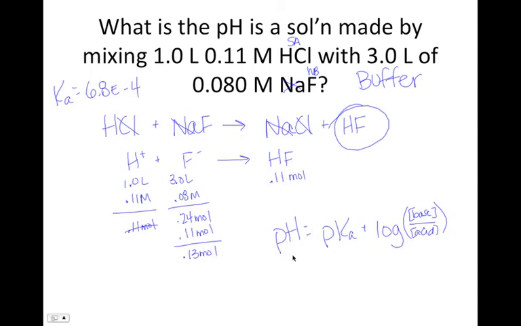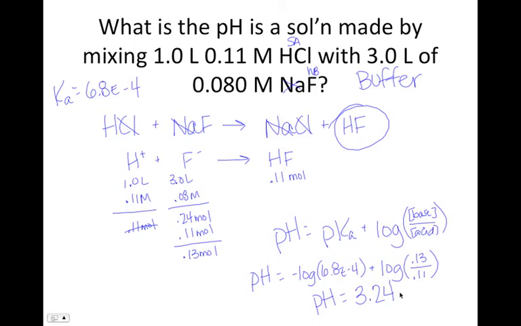So plugging this in over here, pH is what we're solving for. pH is going to be equal to the negative log of the Ka, 6.8 times 10 to the negative 4, plus the log of my base concentration, 0.13, over my acid concentration, 0.11. Plug this into the calculator, and you get that the pH is 3.24, and there you go.